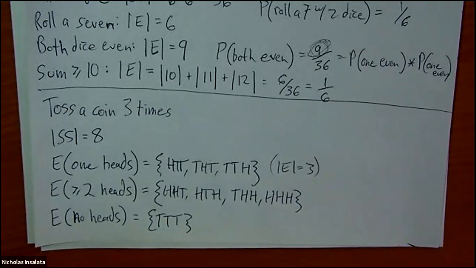Okay, let's try another one. All right. So this one's a little bit more involved. Let me put the text of the problem up here. So it's going to take a minute to describe.